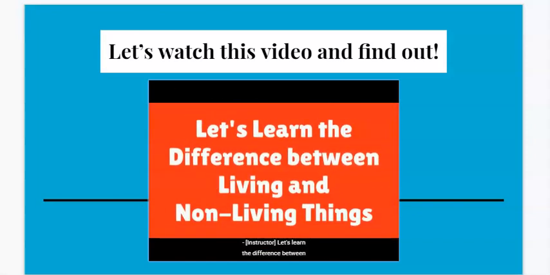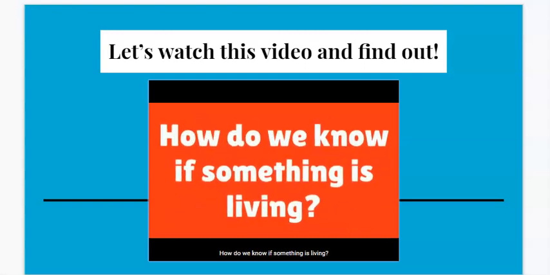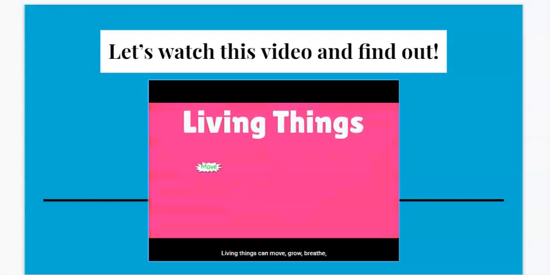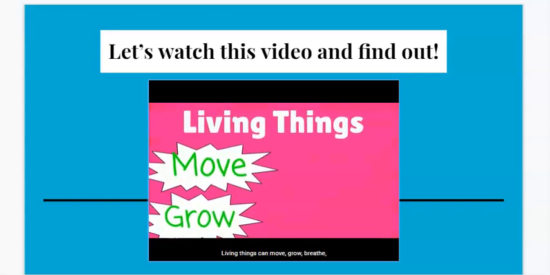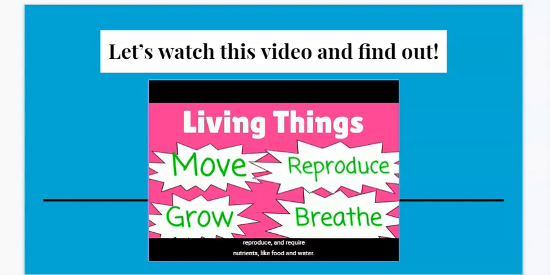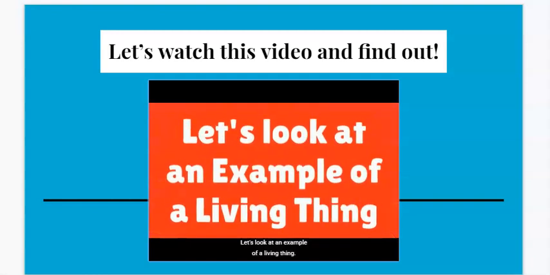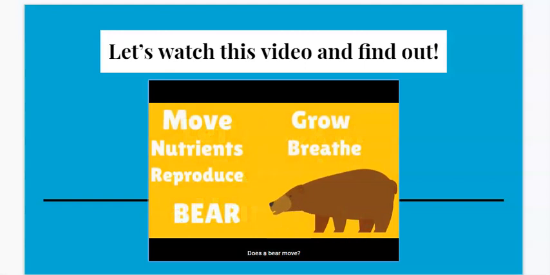Let's learn the difference between living and non-living things. How do we know if something is living? Living things can move, grow, breathe, reproduce, and require nutrients like food and water. Let's look at an example of a living thing. Does a bear move? Yes. Does a bear grow?